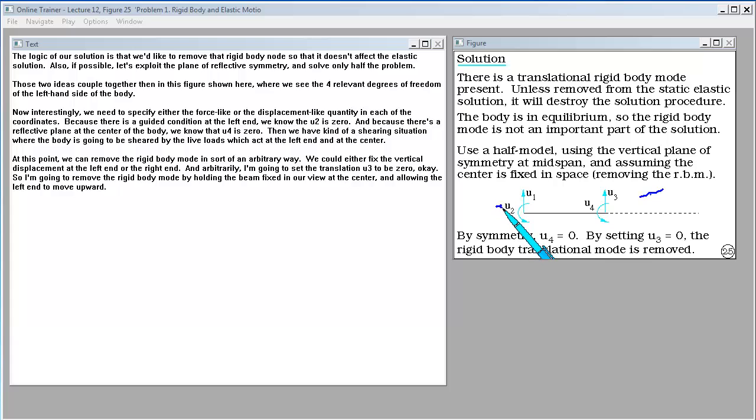Because there is a guided condition at the left end, we know that U2 is 0. And because there's a reflective plane at the center of the body, we know that U4 is 0. Then we have kind of a shearing situation where the body is going to be sheared by the live loads, which act at the left end and at the center.